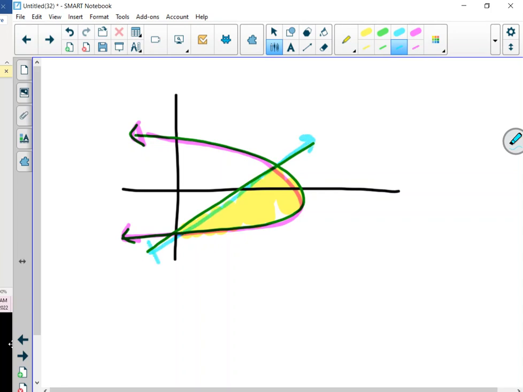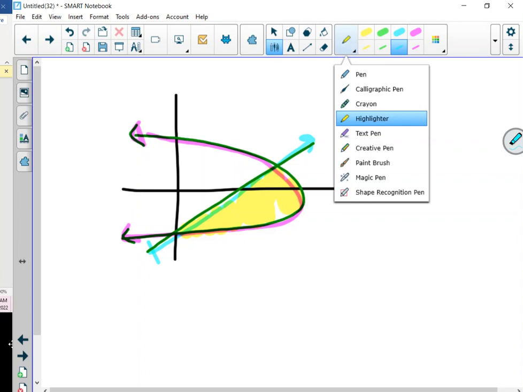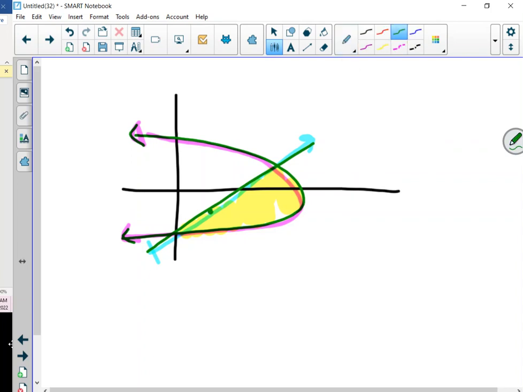You can see top minus bottom is a little weird in this case, because top minus bottom over here works one way, top minus bottom over here works another way. So one option sometimes for that kind of scenario is instead of doing top minus bottom, we go this way and do the function that's on the right side minus the function that's on the left.